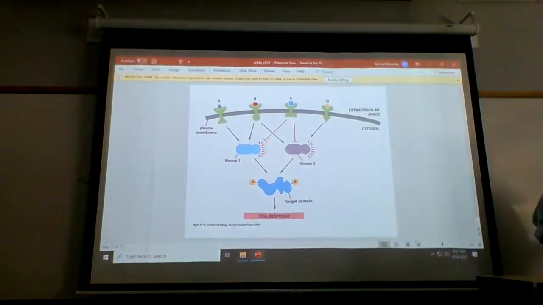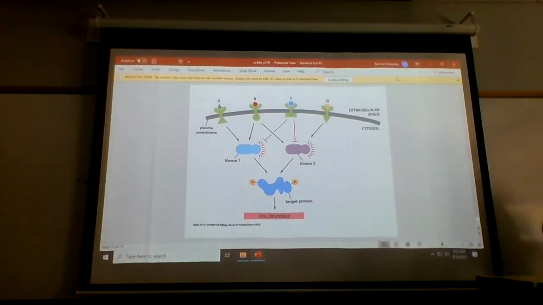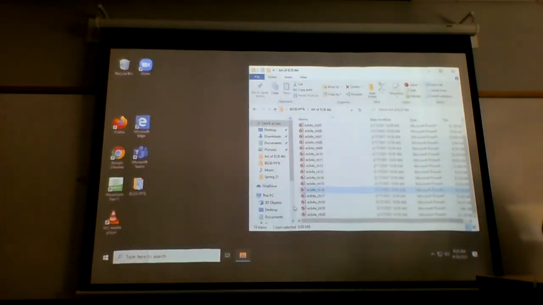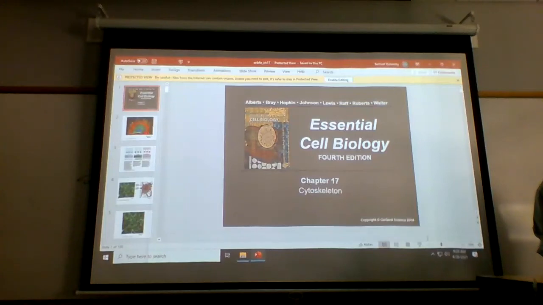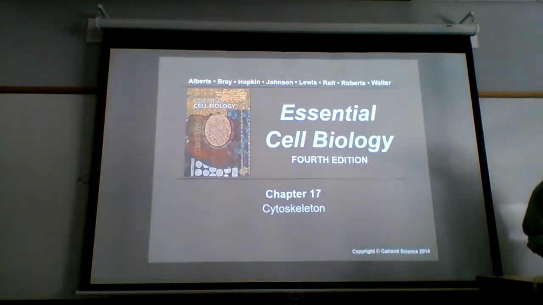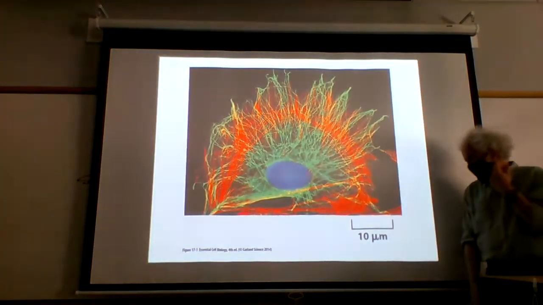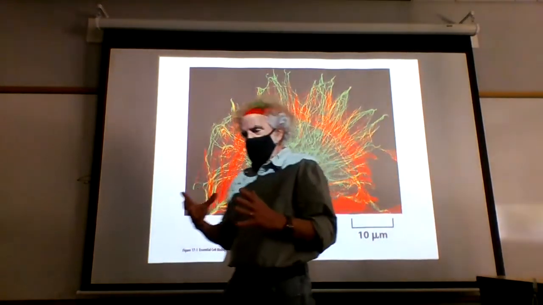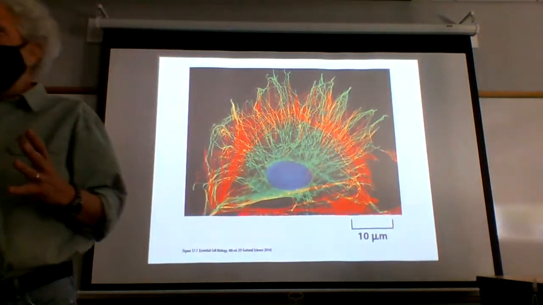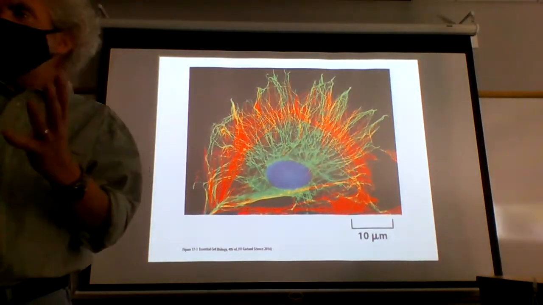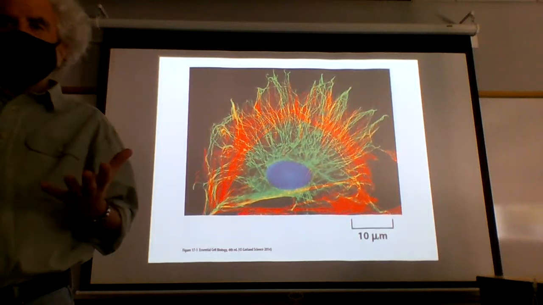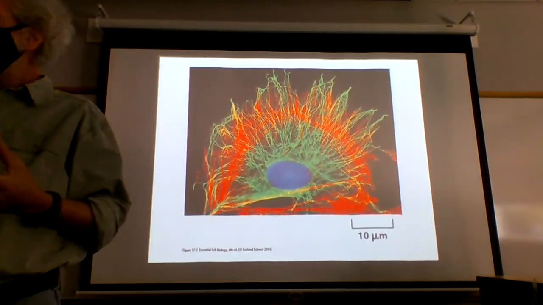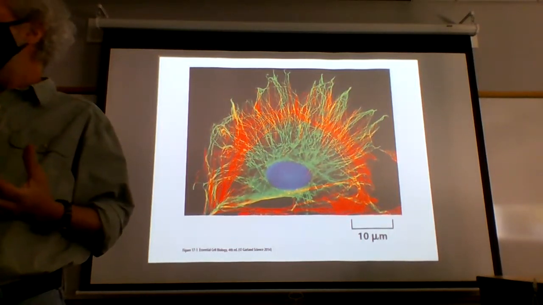All right. I think we got the PowerPoint on. We'll look at the introduction to the next chapter. Chapter 17, the cytoskeleton. What we're doing here now is invoking the notion that rather than thinking of a cell as a balloon filled with enzymes, the cytoplasm is in fact the density of probably really heavy jello.